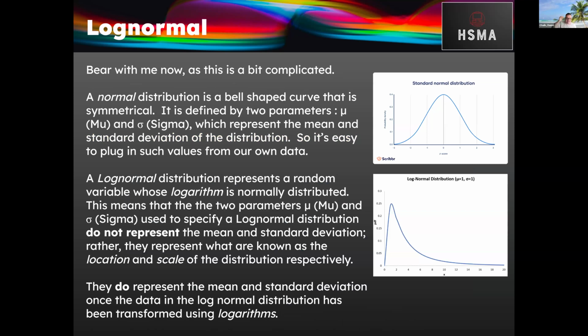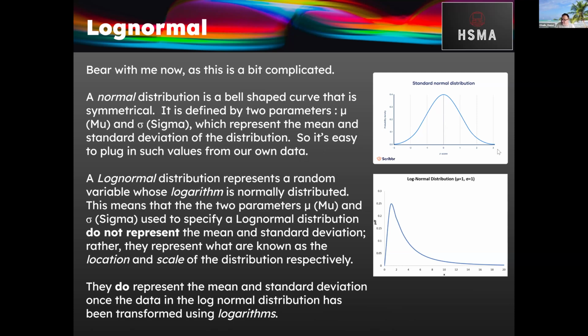Okay. So a normal distribution, not a log normal, but a normal distribution, is basically a bell-shaped curve. This is what a normal distribution looks like, and it's symmetrical about its mean. Basically we define a normal distribution by 2 parameters that are known as mu and sigma. Mu is just the mean, and sigma is the standard deviation.